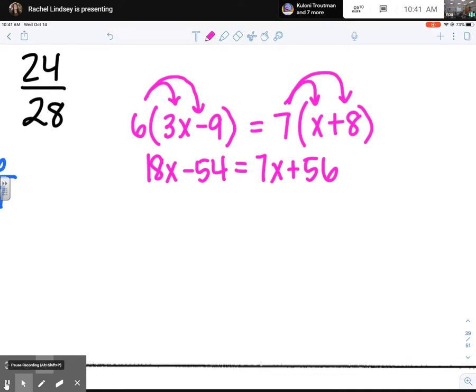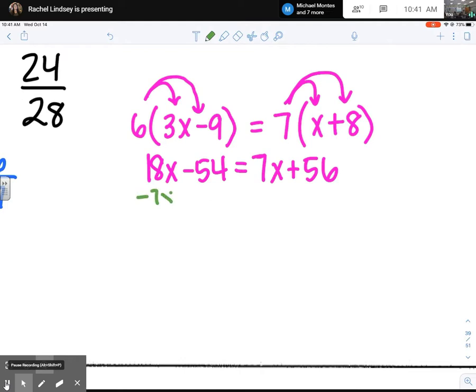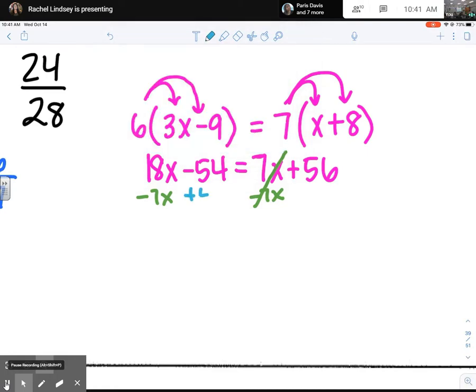Okay, inverse operations, I'm going to do them all at one time. So move the 7x over. And move the 54 to the right.